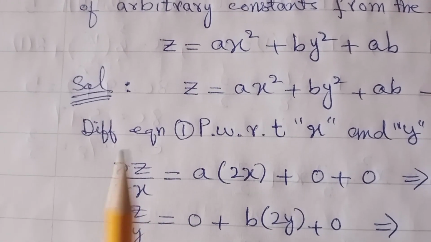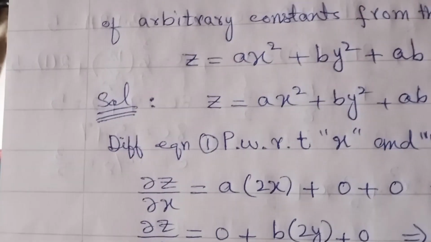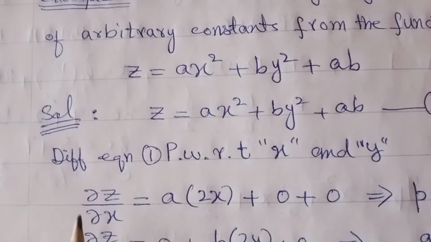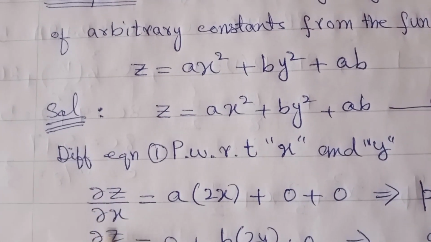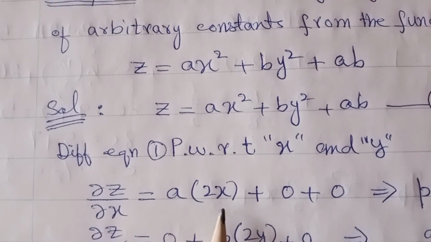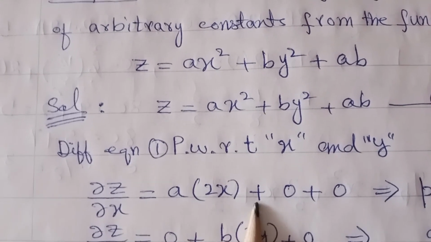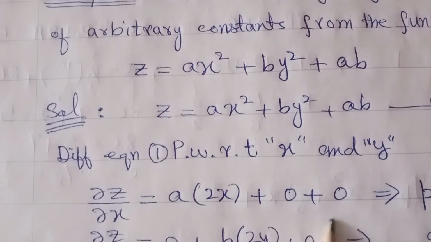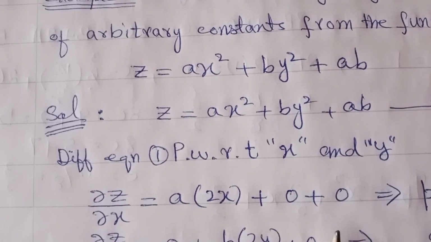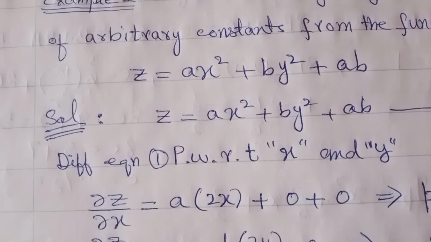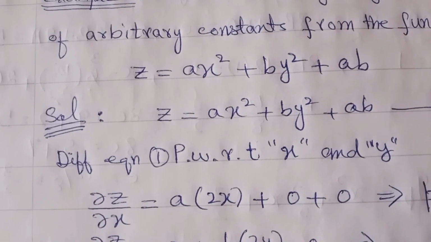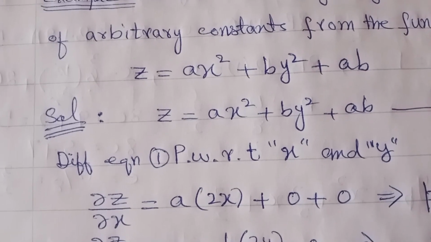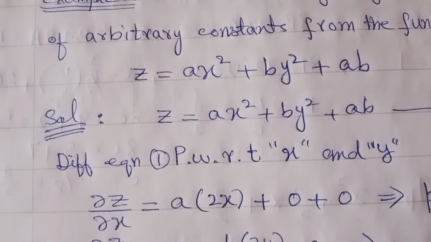When you differentiate equation number one partially with respect to x, that would be del z upon del x is equal to a times the derivative of x square, which is 2x, plus the rest of all the terms we keep constant because we are differentiating partially. When we differentiate partially an equation with respect to a specific variable, always remember that the other variable is kept as a constant.